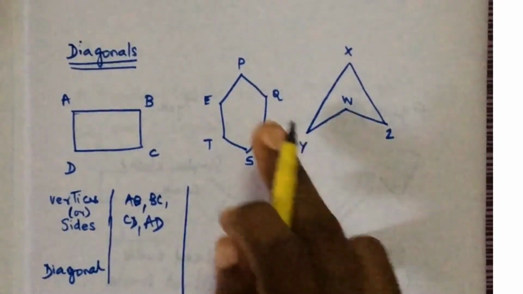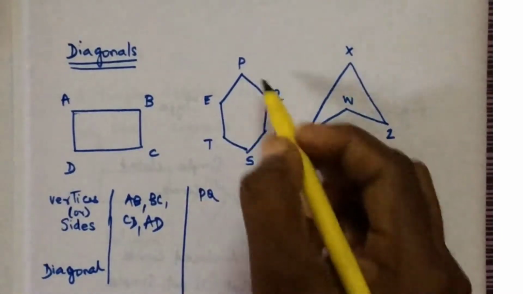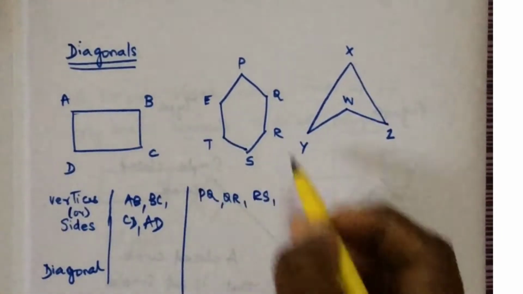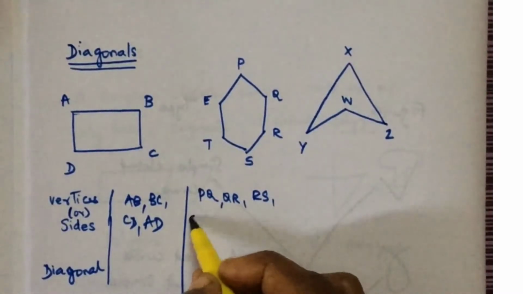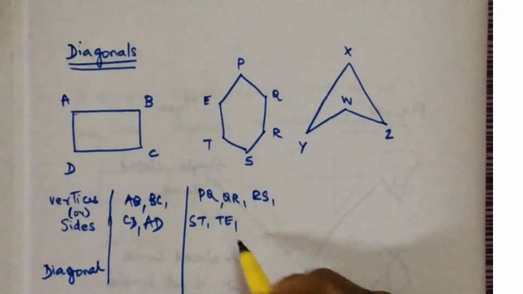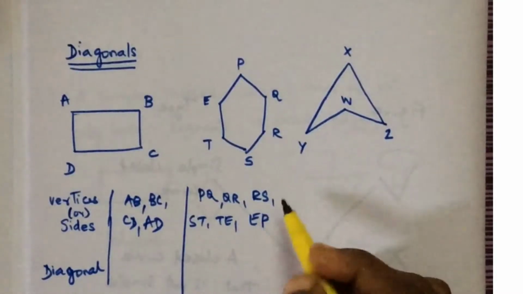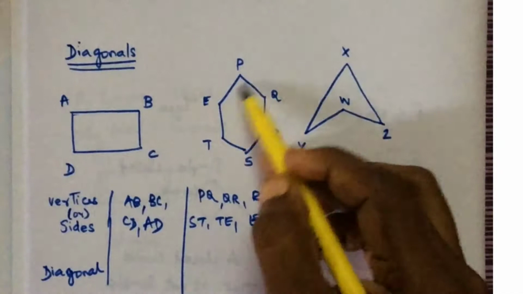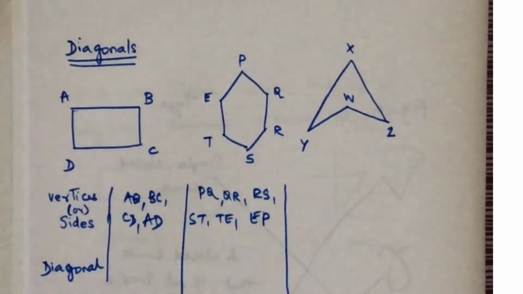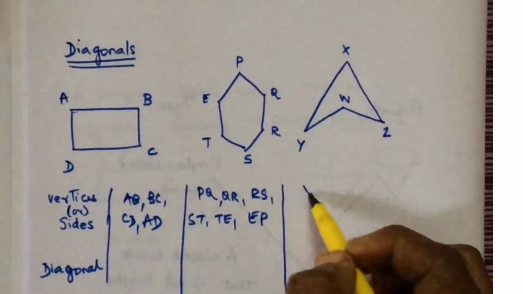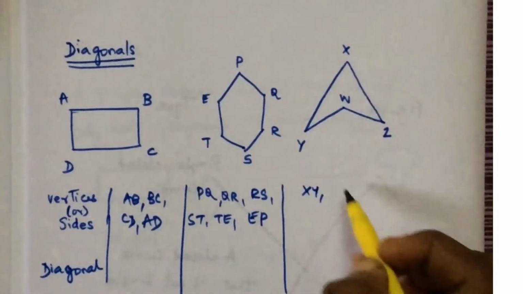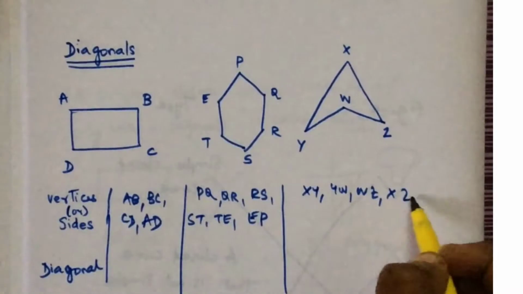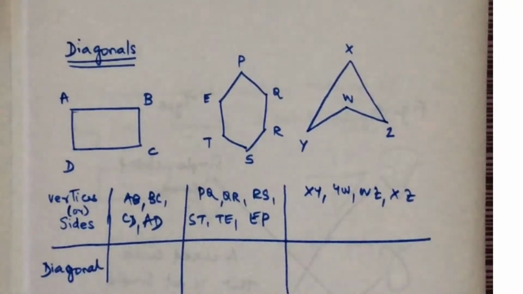Okay, for the second figure, PQ, QR, RS, ST, TE, EP. Okay, this is for the second figure. So all these line segments are called sides. If you want to draw it here, XY, YW, WZ and XZ. Okay, these are called sides.